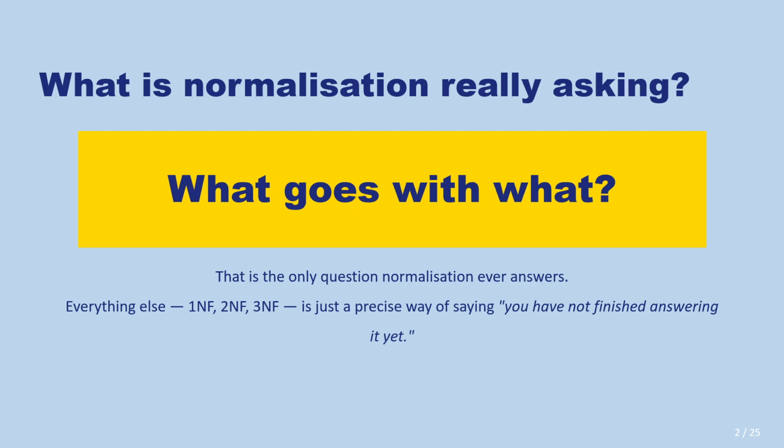So what data set goes with what set? Basically, that is all there is. And everything else, which is 1NF, 2NF, 3NF, is basically a precise way of saying the same thing. What goes with what? And that is just a fine way of doing the same thing.